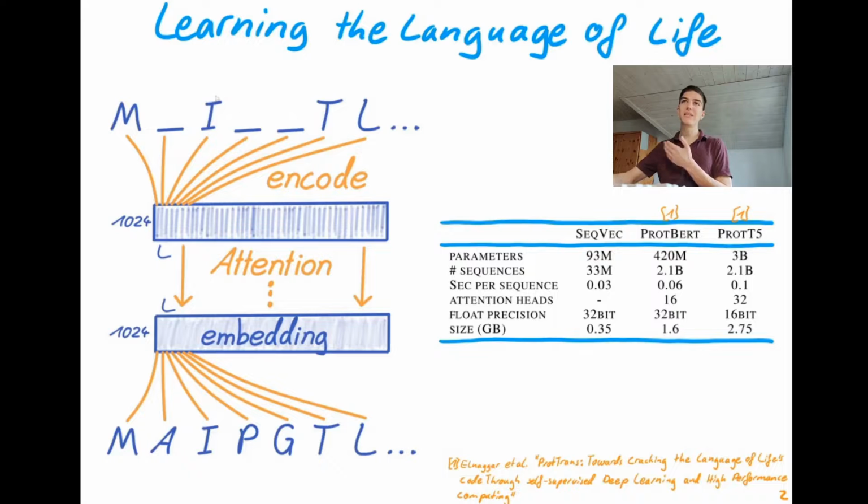Given the context of the sequence, it has to learn what is a likely amino acid at this position, depending on what surrounds it. In this fashion, we pre-trained two language models, ProtBert and ProtT5, which are transformers. We also have one LSTM-based language model that was pre-trained in an autoregressive fashion.